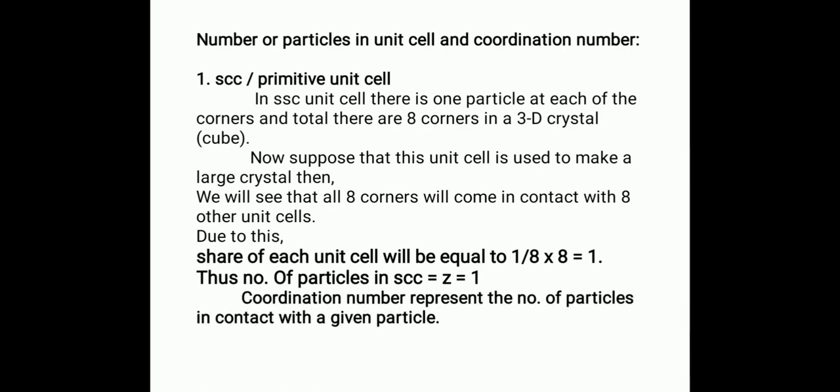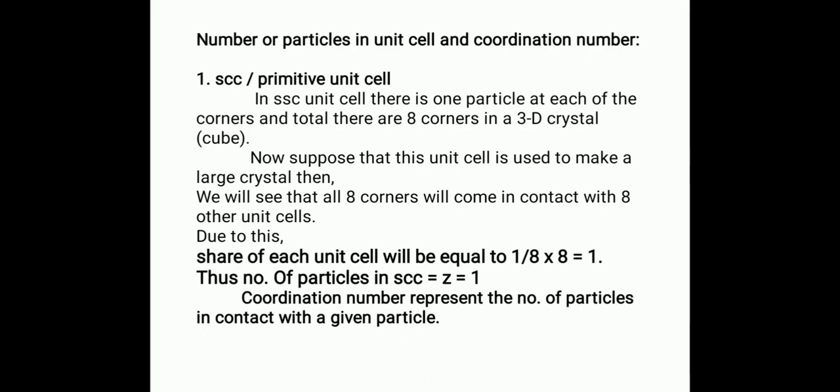And coordination number. Now what do you mean by coordination number? Coordination number represents the number of particles that are in contact with the given particle. Say for example, you're sitting in a classroom, in a row on the third bench. There are 3 students sitting in front of you, 3 students sitting behind you and 2 students sitting beside you.